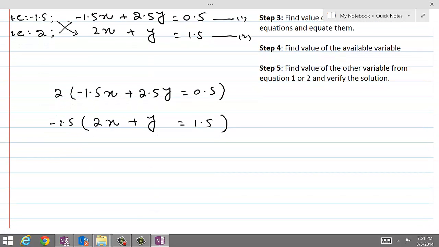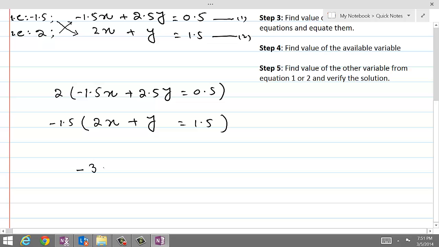We can see, 2 times minus 1.5 will give us minus 3x, plus 2.5 times 2 will become 5y, and 2 times 0.5 will become 1.